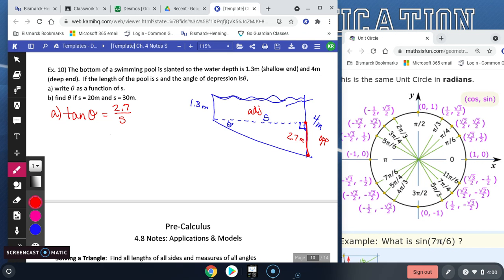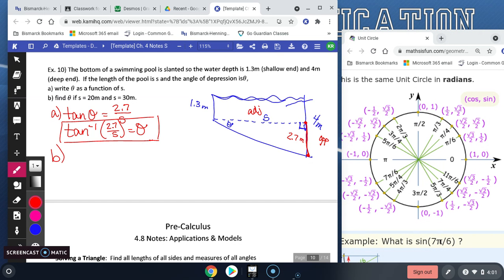If I want it written as a function of S, you would rewrite this as inverse tangent of 2.7 divided by S equals theta. Now it's a function of S. I am plugging in S, and then it will tell me what my angle measure is. So here's that statement for part A.